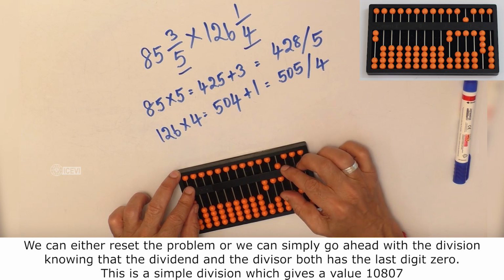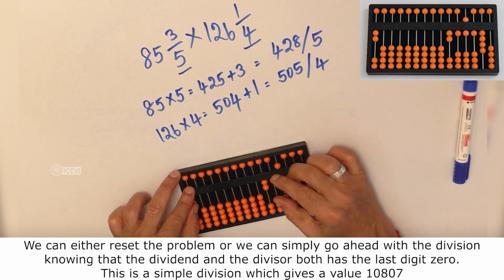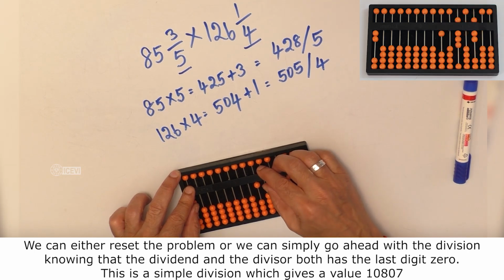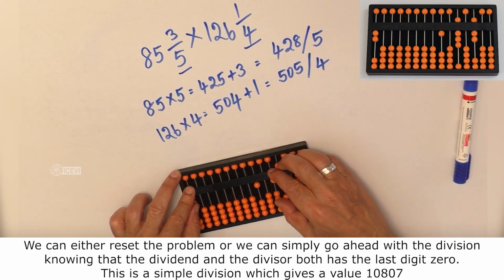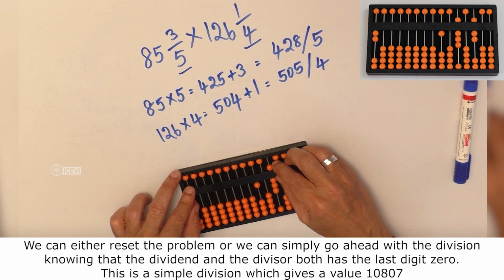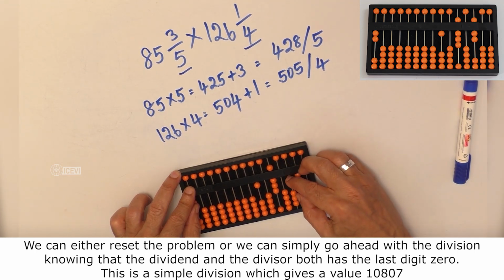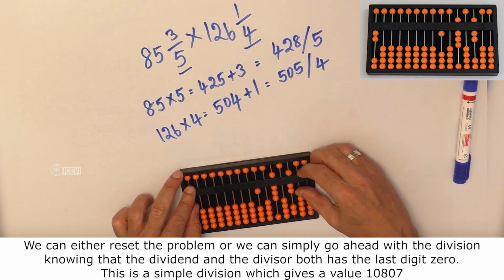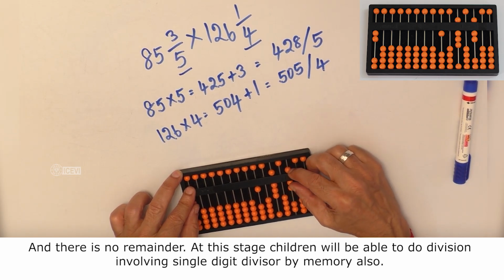This is a simple division which gives a value 1, 0, 8, 0 and 7. And there is no remainder.